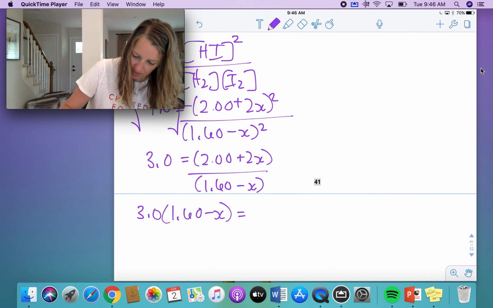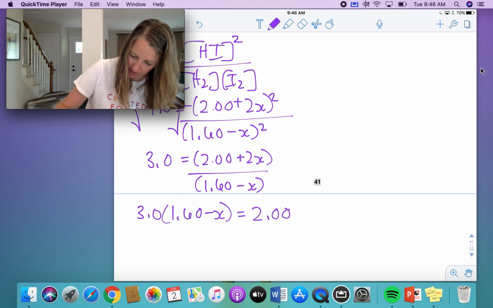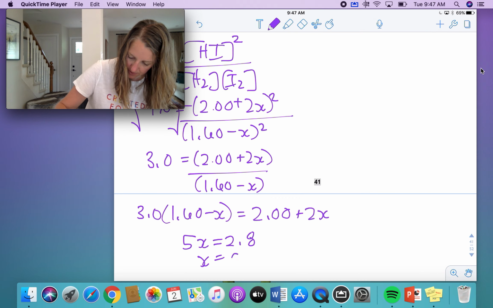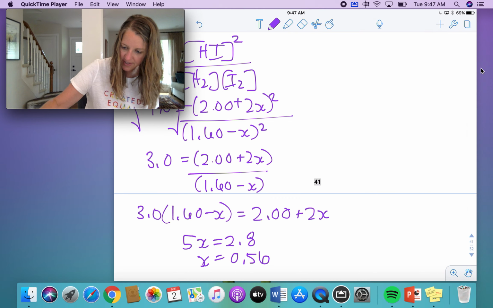minus x equals 2.00 plus 2x. So follow it down. Do you get to 5x equals 2.8 and x equals 0.56?